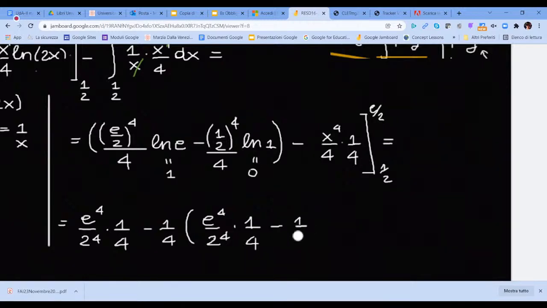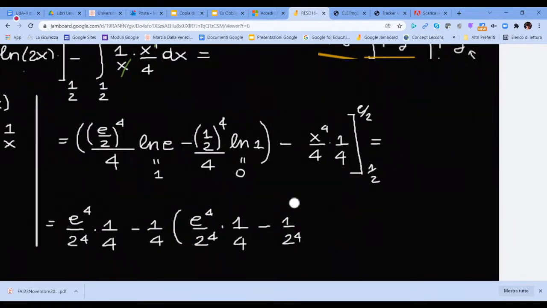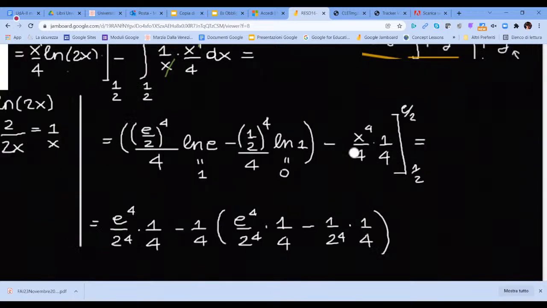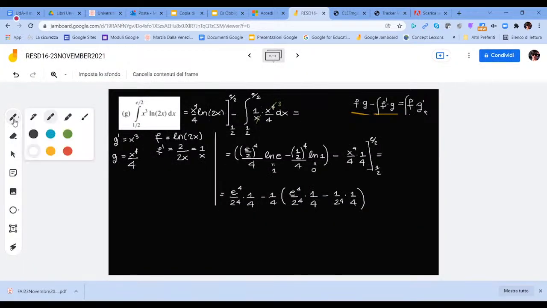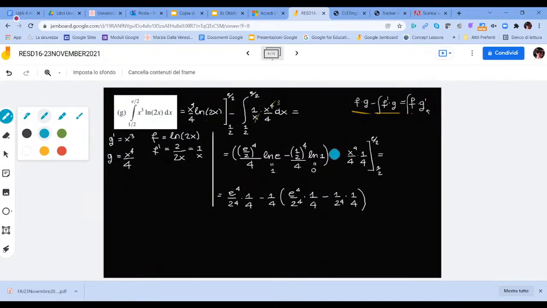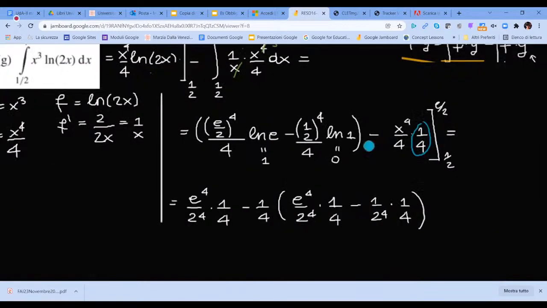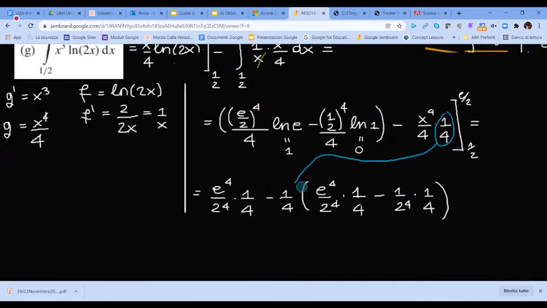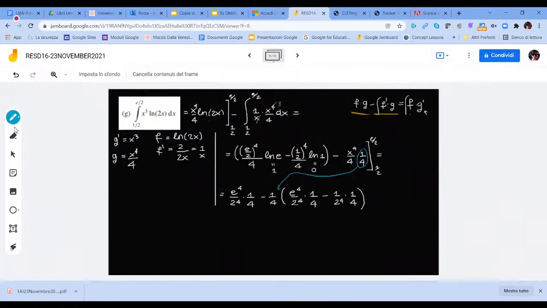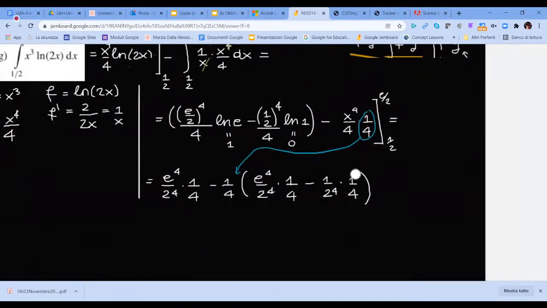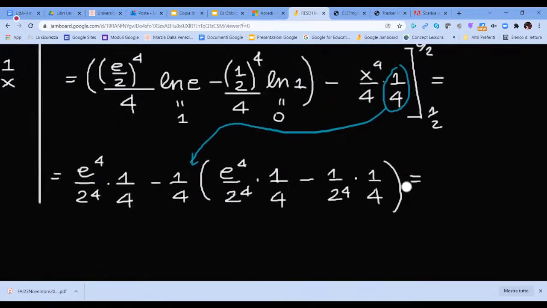So it is 1/2, because it is 1/2 to the fourth, divided by 4, this times 1/4. This multiplicative factor 1/4, I put it outside and in front of the parentheses, okay? So there is no changing in the evaluation of terms, only it was easier to compute.